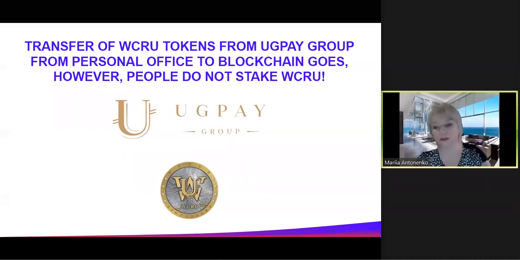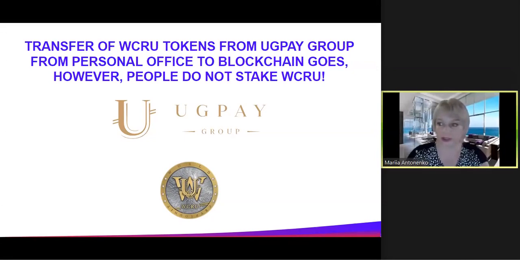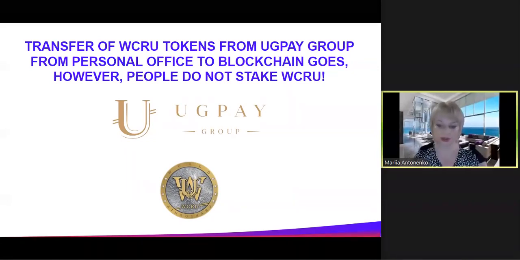I understand if your CRU or WCRU package is really small, then your UNTB reward might be really small, like 20 tokens per month. But again, it's free money. Why not make use of it? You can accumulate, and eventually UNTB's price will grow when more and more crypto wallets are opened, and you can sell them.